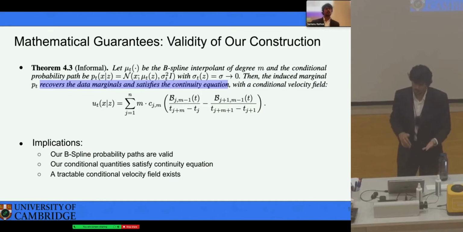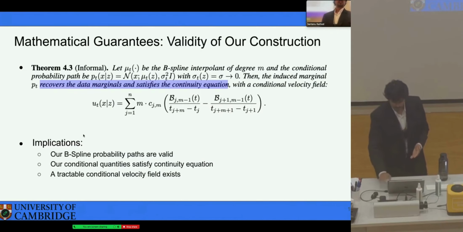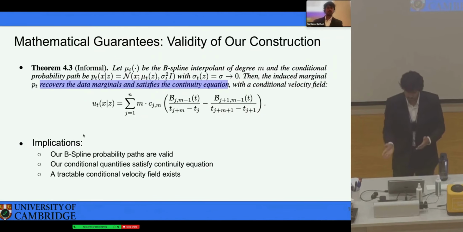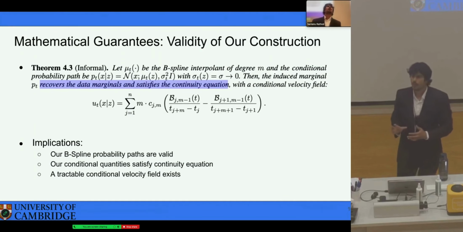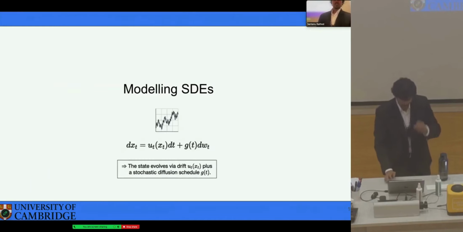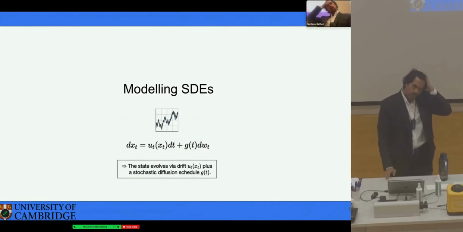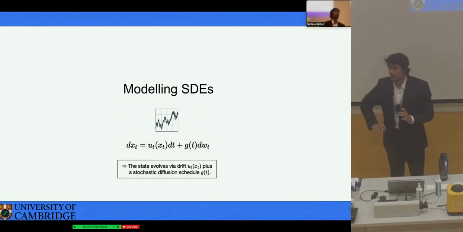And so that is also what we do, in the sense that this is how the conditional velocity field looks like. And so all of these are tractable, and this reinforces the confidence that what we are doing is logically sound, at least.